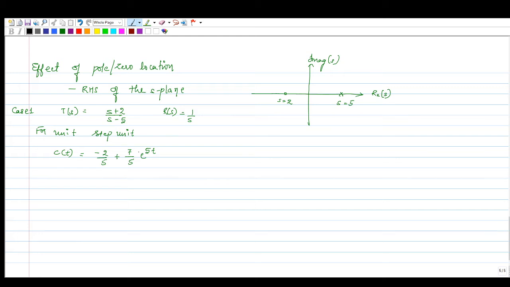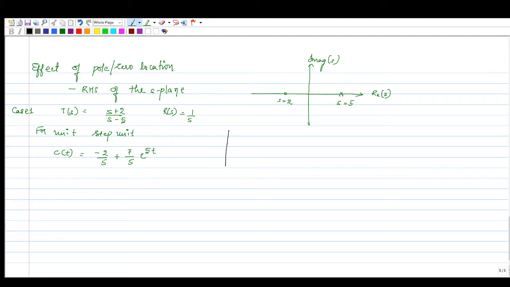Whenever the power of e is positive, the function is rising. If the power of e is negative, the function is decaying. This is the point we need to keep in mind. When the pole is located at the right hand side of the S plane, the power of e is positive, which means the function is rising.